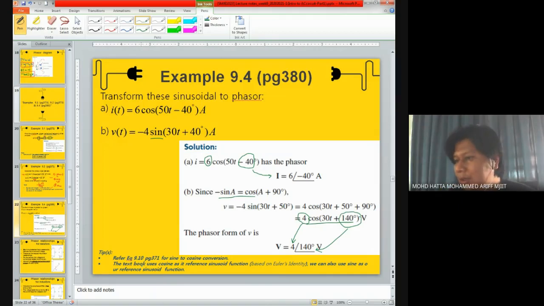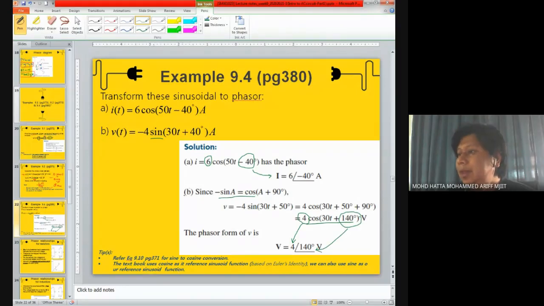I also wrote down here an explanation of this example. The textbook uses cosine as its reference sinusoid function based on the Euler identity. We can also use sine as the reference sinusoid function.